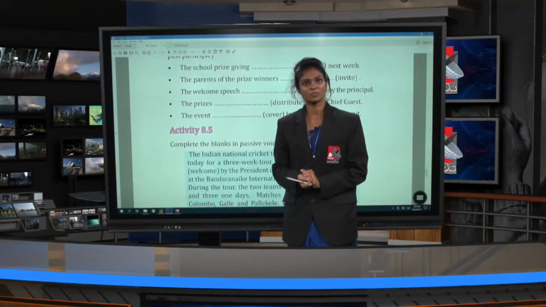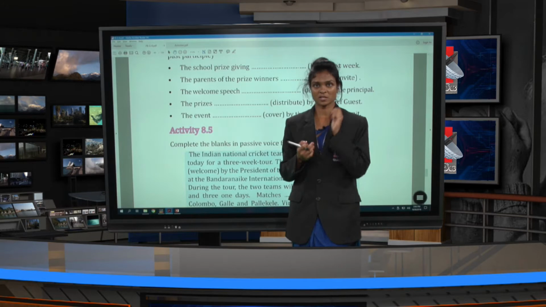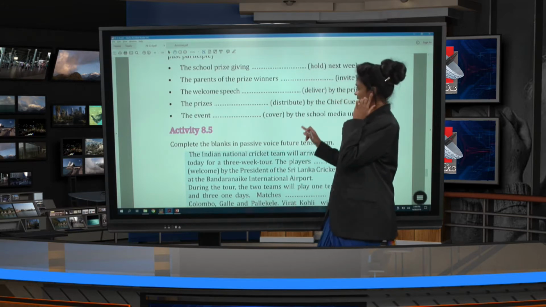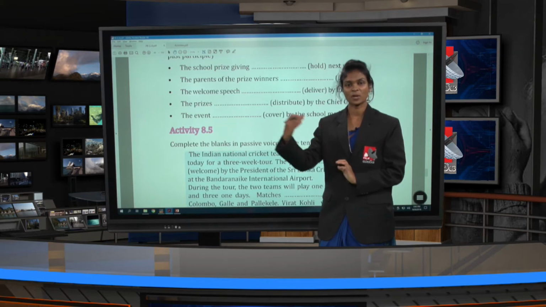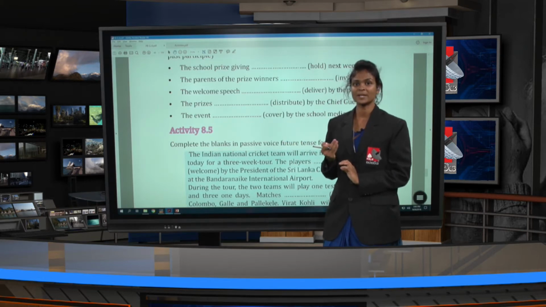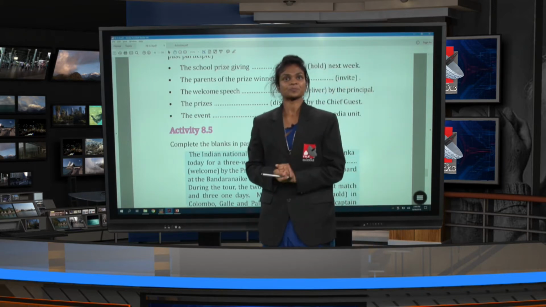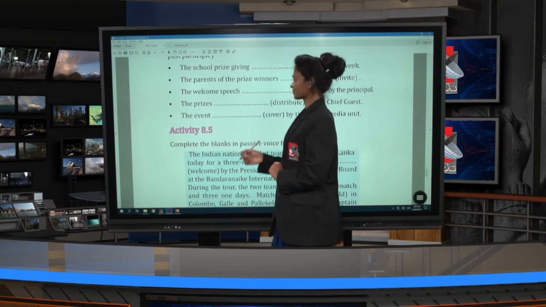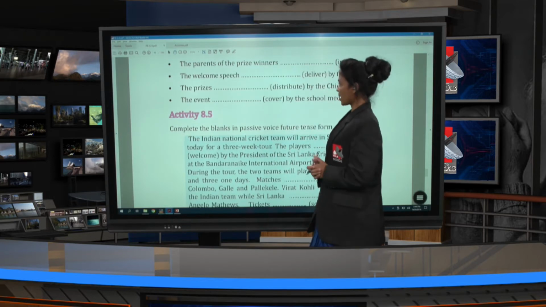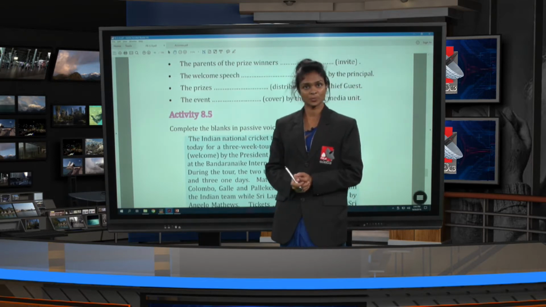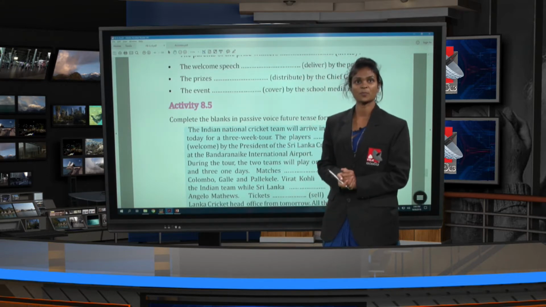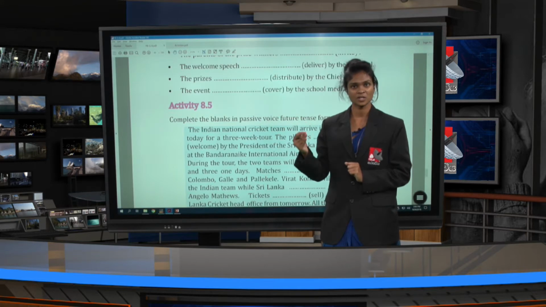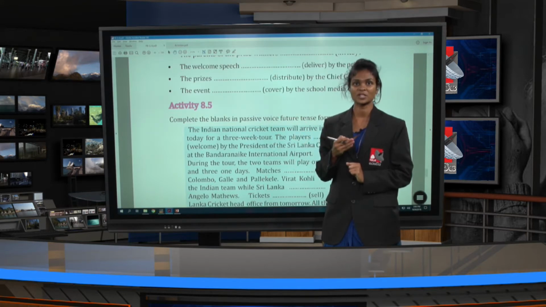How do we form it? The welcome speech will be delivered by the principal. Then the fourth one: the prizes blank distribute by the chief guest.